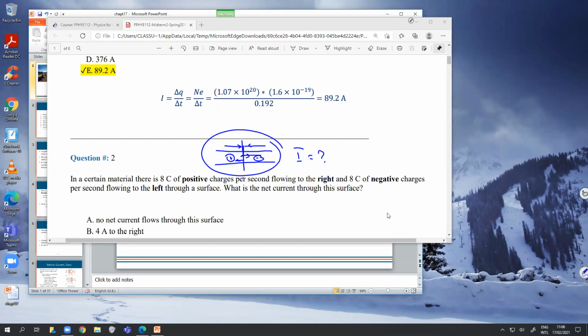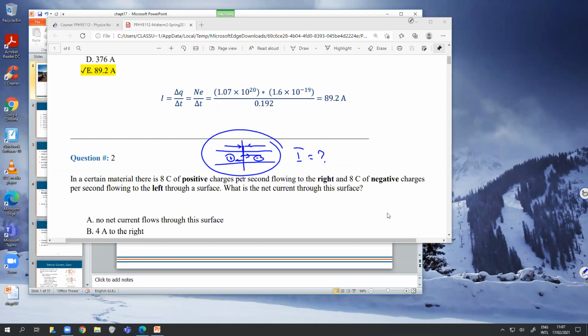Okay, now the question says 8 coulomb of positive charges per second flowing to the right. Now we need a convention. The convention is, maybe you forgot it, so let me repeat. Whenever positive charges flow, the direction of the current is the same as the direction of the flow of charges. Okay, did you observe that?